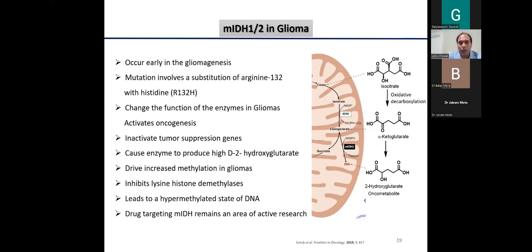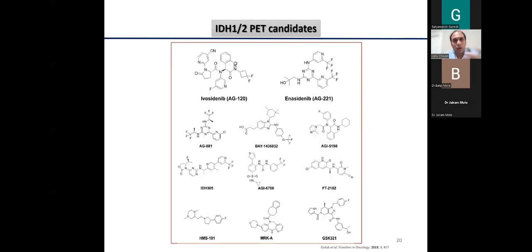So there are no radiotracers available till now to image or identify this mutant IDH1 in the brain. So we thought to develop radiotracers to image this IDH1 in the brain. These are some potent molecules in the literature. In that, vorasidenib and ivosidenib are the drugs used to treat mutant IDH1-2.